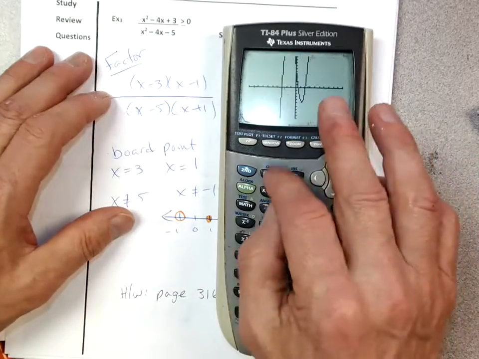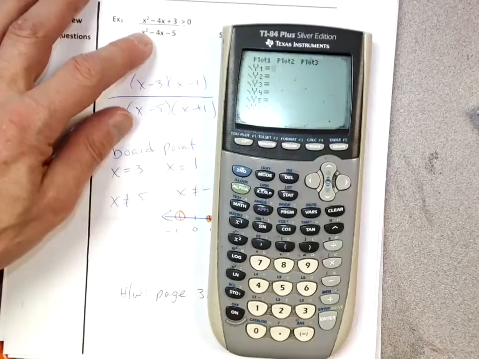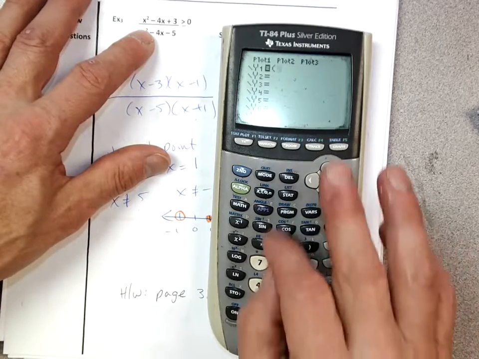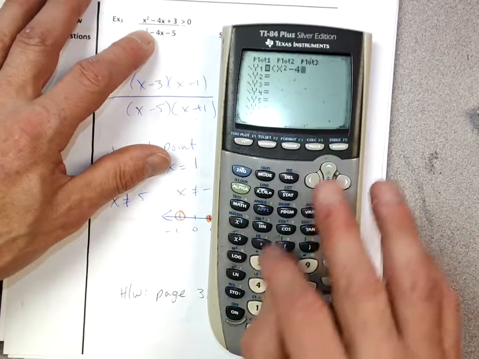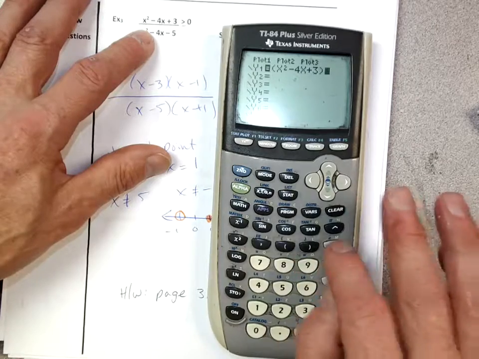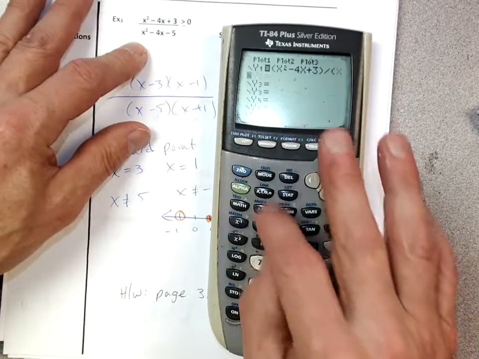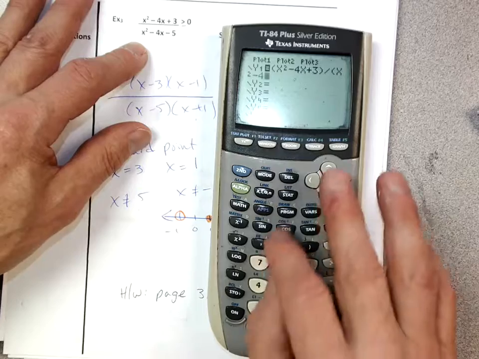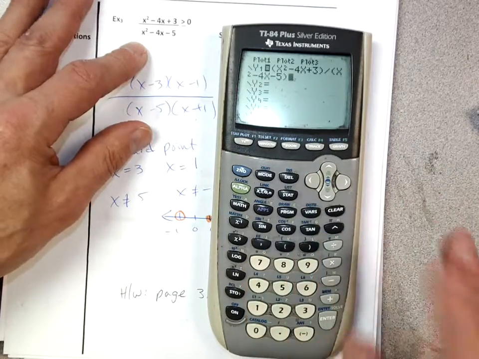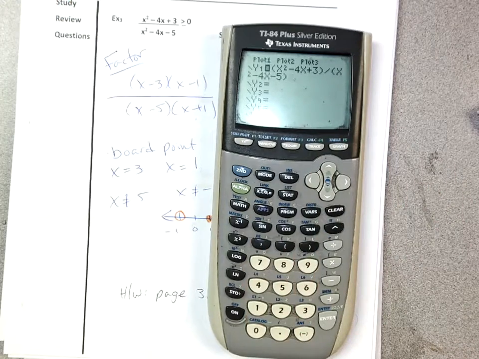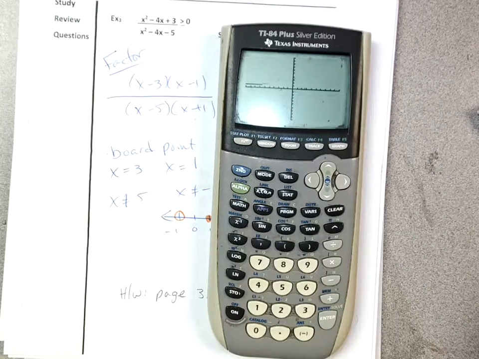So clear y equals, clear that. I'm going to go parentheses, x squared minus 4x plus 3, parentheses, divided by parentheses, x squared minus 4x minus 5, parentheses. Okay? So I have it in. I'm going to look at it, and then I'll test my regions, okay? Graph, okay? And some of them you can see.